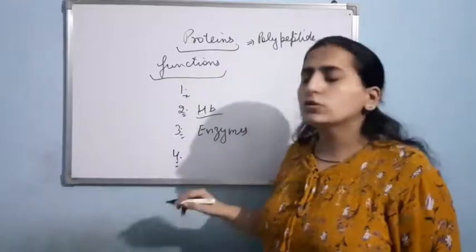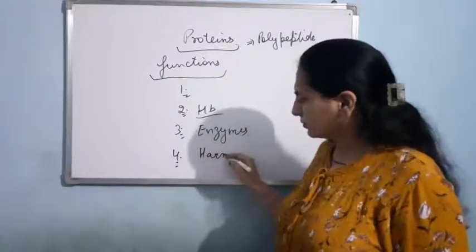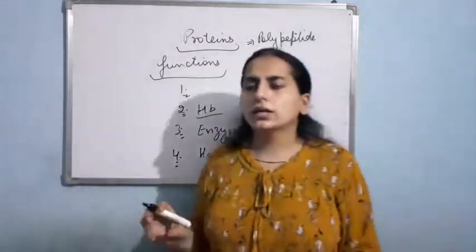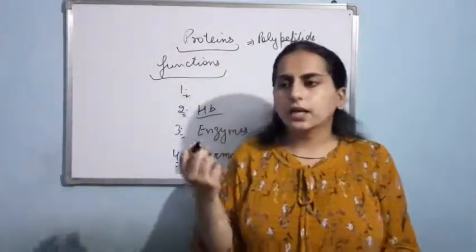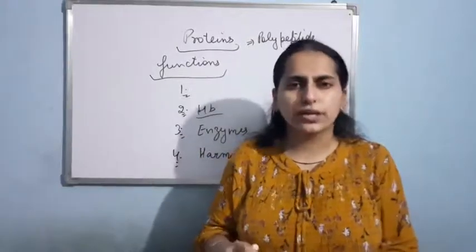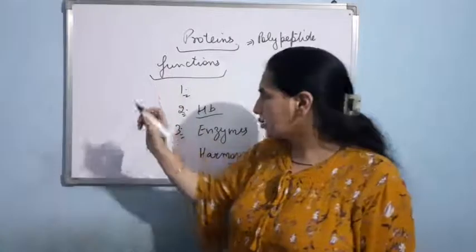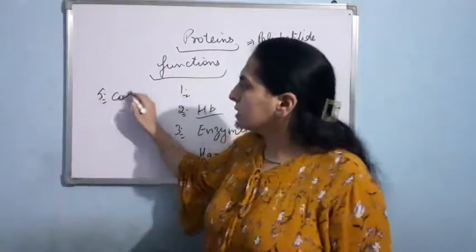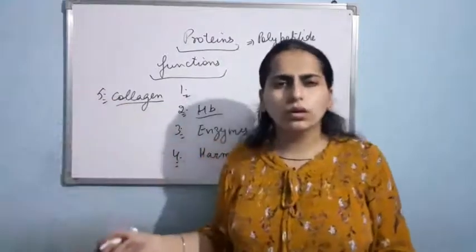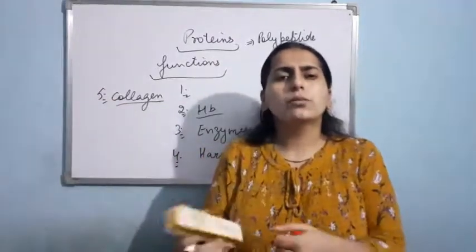Proteins can also be used as hormones. If I talk about the cartilage and the bone, we have a ground substance that provides lubrication. That is again a protein, a collagen protein. Collagen protein is present in the cartilage and bone as a ground tissue. It provides the lubrication.